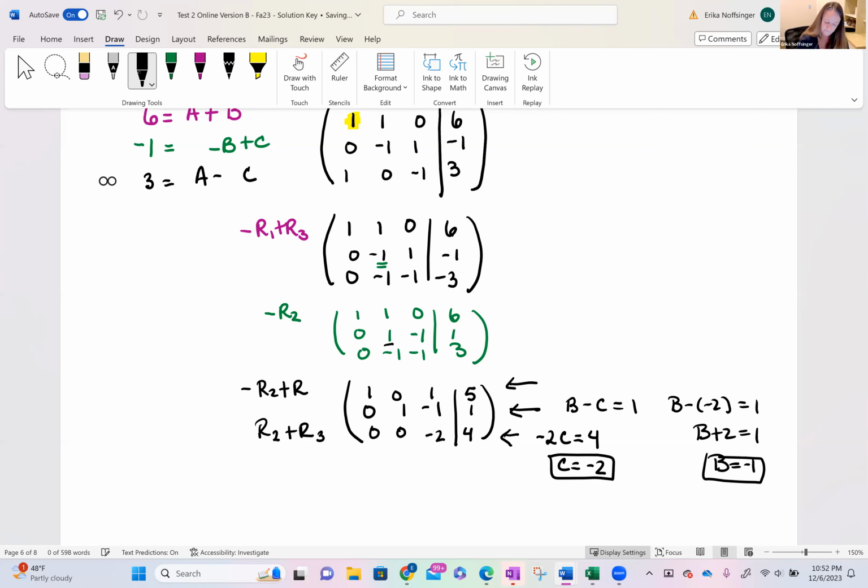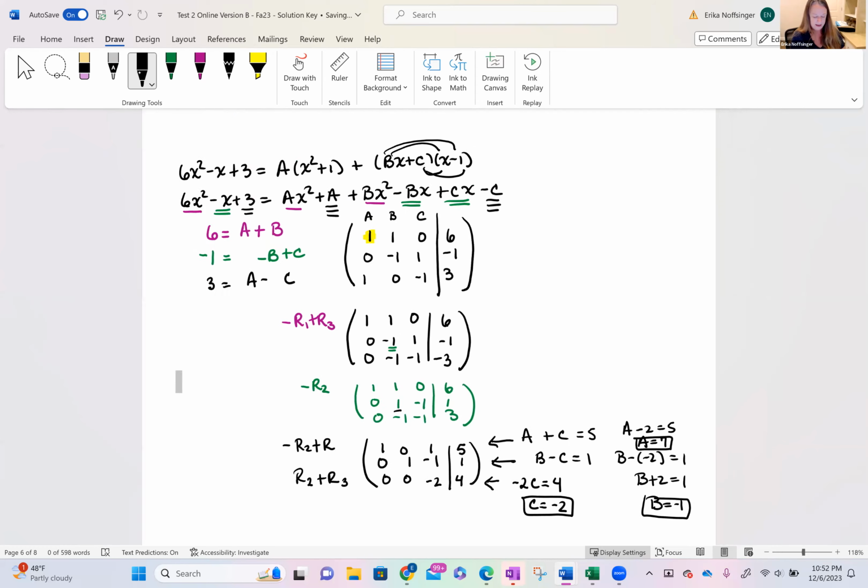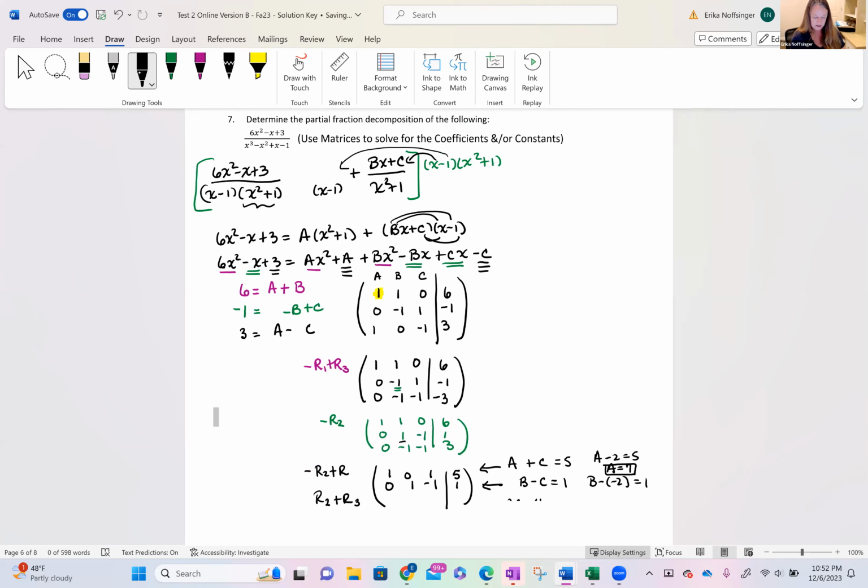This first row, I have a plus c equals 5. Well, we just saw that c is negative 2. So I have a minus 2 equals 5. Adding 2 to both sides, I get a equals 7. So going back, we know what our coefficients are.